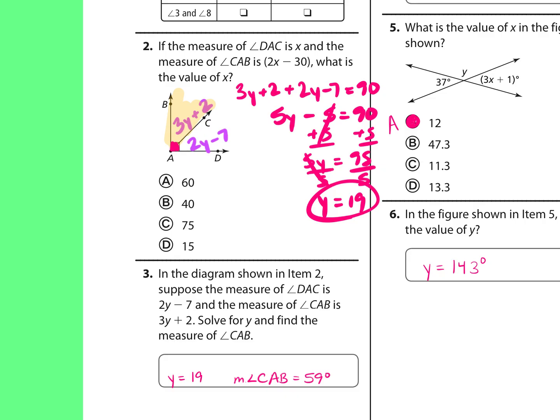And then it says to find the measure of angle CAB. So we want to know this angle. So we've got 3y, which is 19, plus 2. 3 times 19 is 57, plus 2 is 59, and that's 59 degrees.